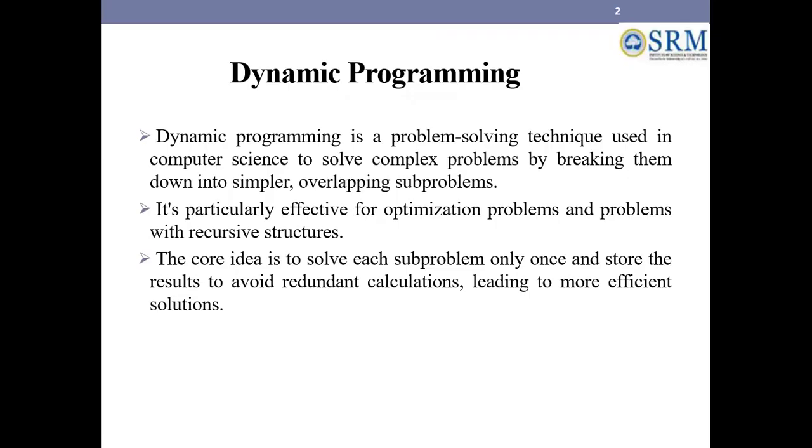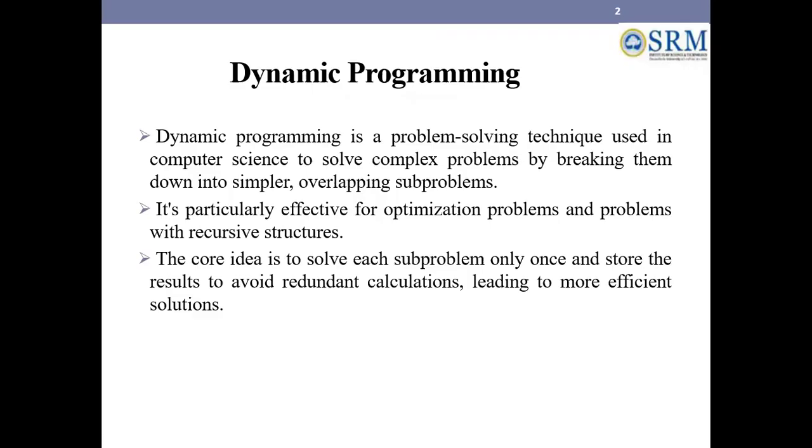It is particularly effective for optimization with recursive concept applications. The core idea is to solve subproblems only once and store the result in a table, and it will avoid the recomputation of subproblems, which increases the efficiency of the algorithmic approach.